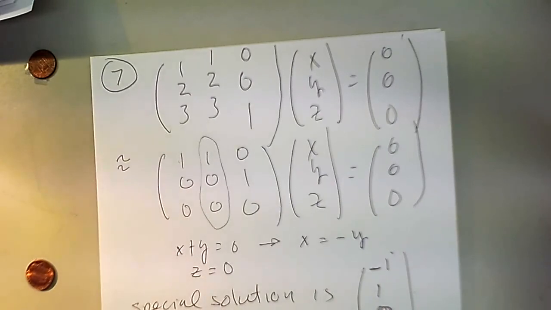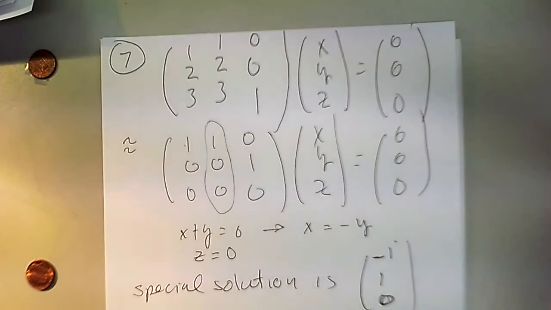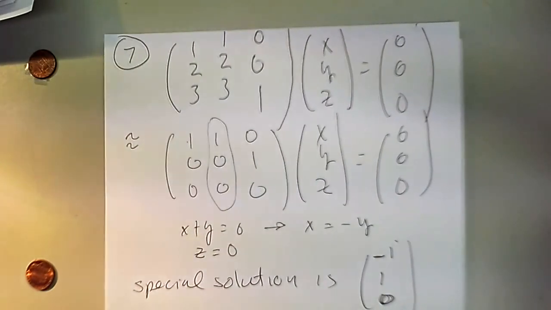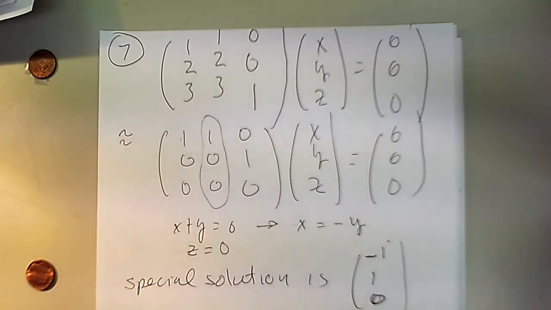After doing a few of them, you get the hang of what the rank, null space, and the rows and the columns are. But we really want to do a few examples to understand this better. All right, we're going to stop the video here.